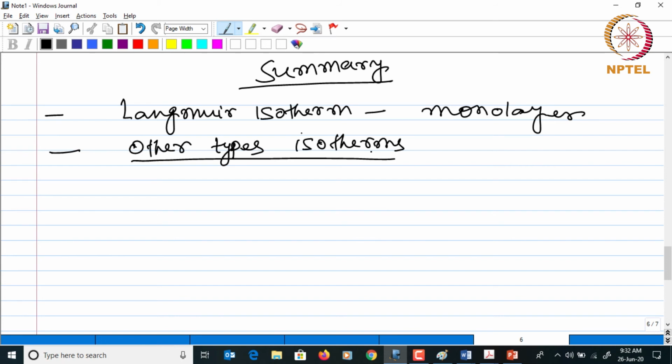Depending on the physicochemical interactions, there could be different types of isotherms.